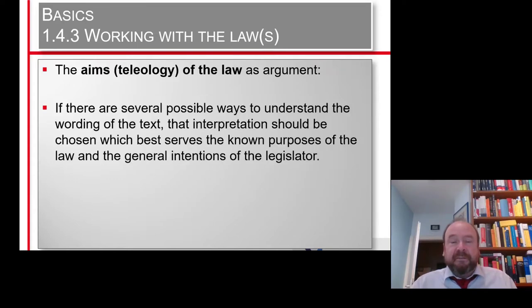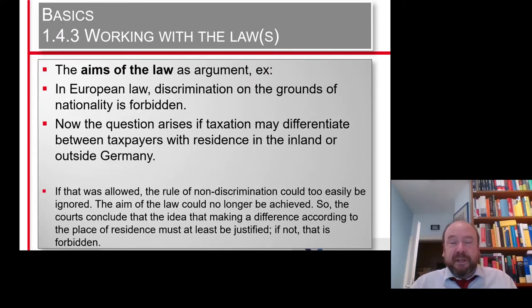Okay, here I left something out. The aims also play a role. The aims of a law, for example, are very important when it comes to interpreting European law, ladies and gentlemen, because European law has texts written in all the member states' official languages, so 24 or 23 different versions of one text.